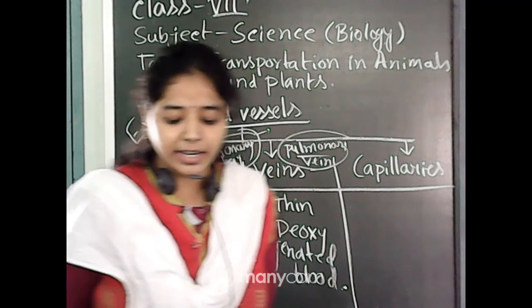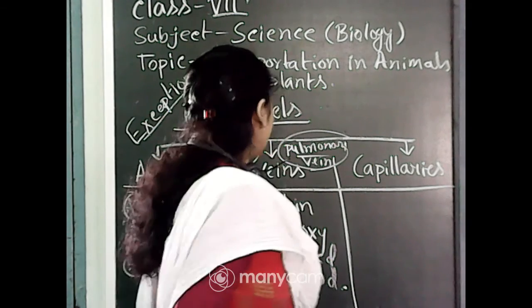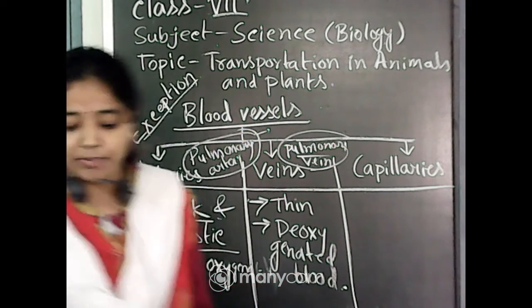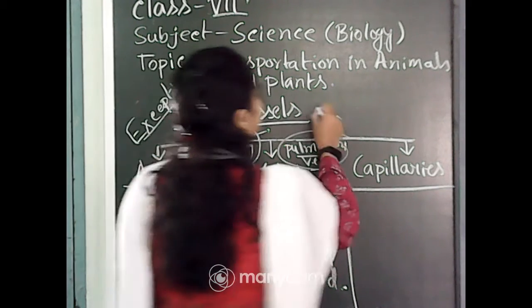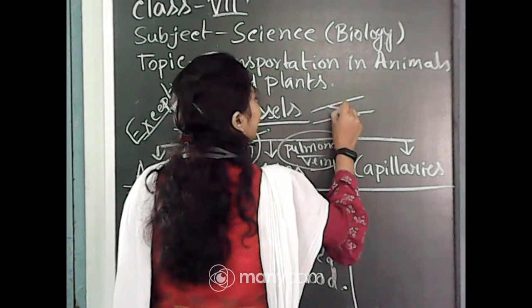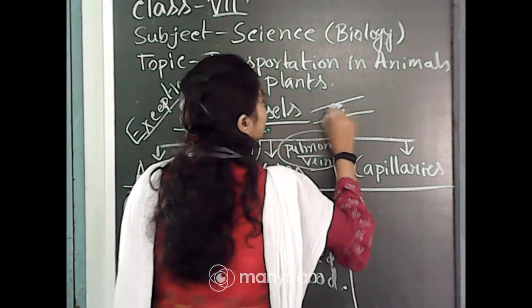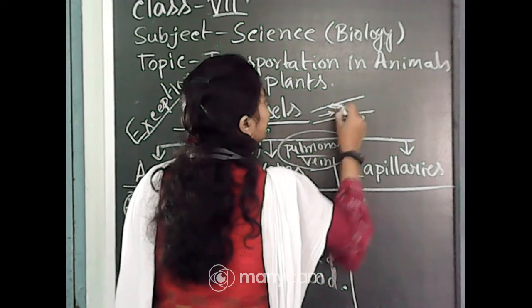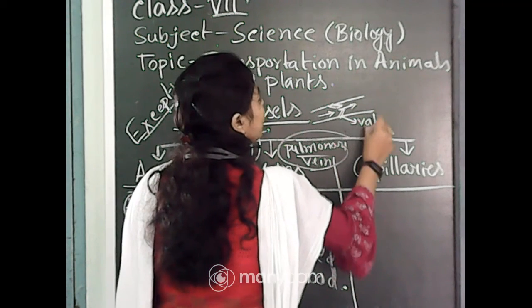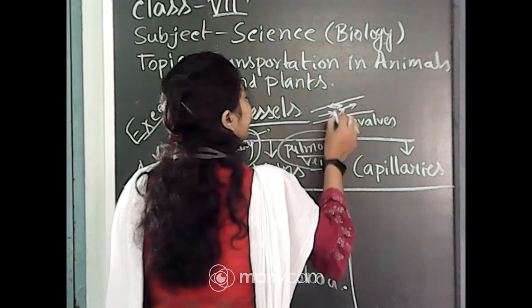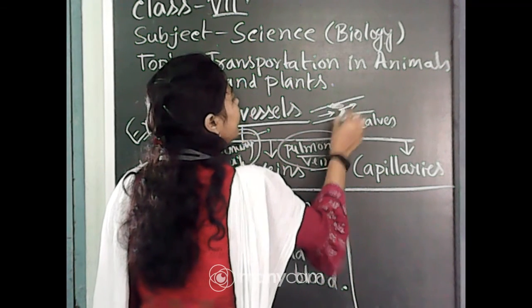Also, one more thing: veins have valve-like structures. If this is a vein, inside the wall there are flap-like structures.